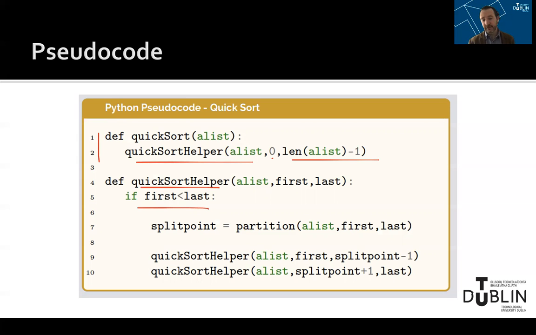First it checks if first is less than last, so are we finished our sorting? Then it splits the list using a partition, but then it feeds it back in. So now this does the left side, this does the right side, but it feeds itself back into itself. So it keeps on doing that splitting until the first and the last are the same, as in you have it sorted.